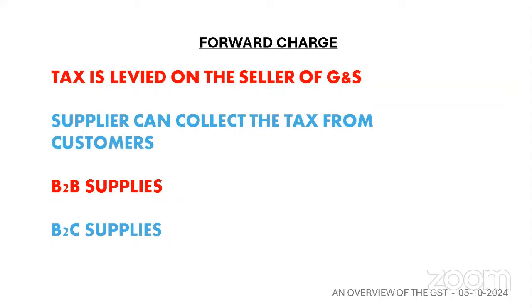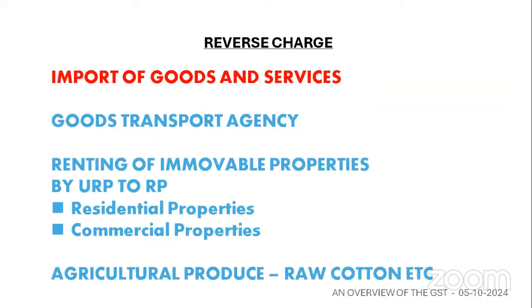The second type is business to consumer. I am a business, I am a retailer. My customers are unregistered persons. Those are called consumers or customers. So B is another business, C is the consumer. Therefore, the forward charge takes two forms: the business selling goods to businesses, and the business selling goods to consumers. Whether you sell to businesses or to consumers, the responsibility is on you to make payment of taxes to the government.